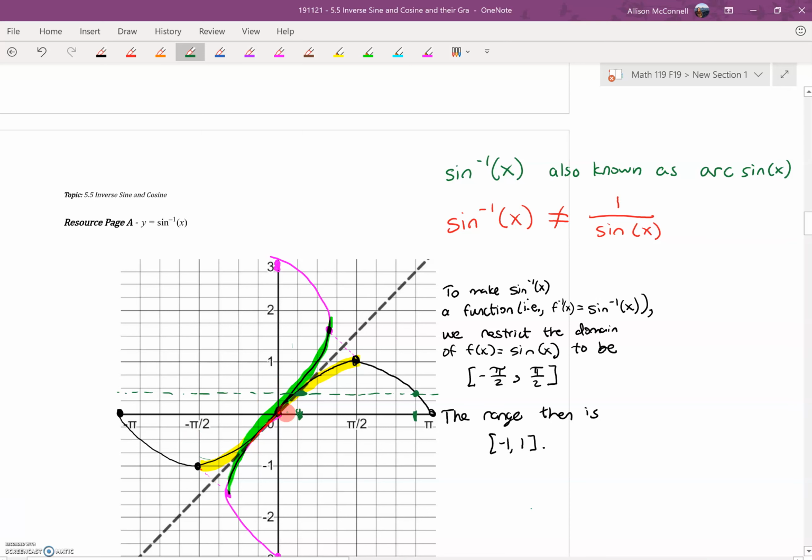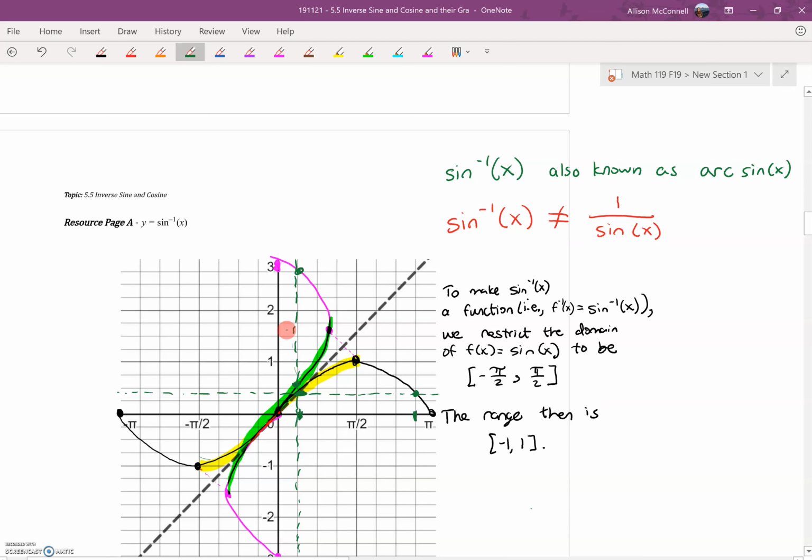Now, if we're looking at the inverse sine, then notice that we're actually looking at this corresponding value and this corresponding value. So if we are looking for that ratio of 0.3, we're actually going to see this here.